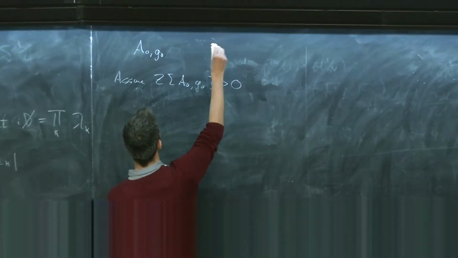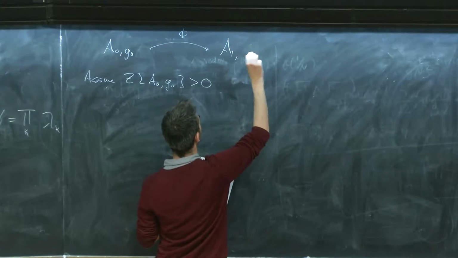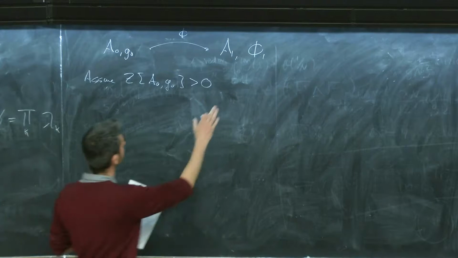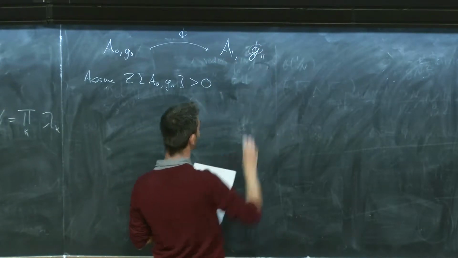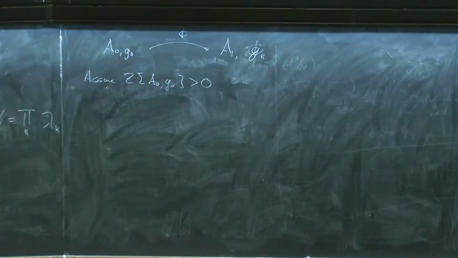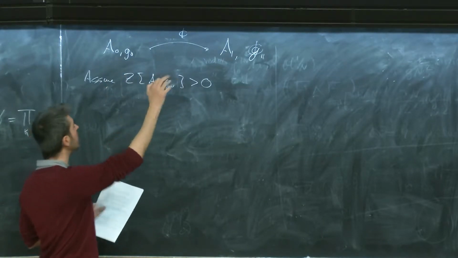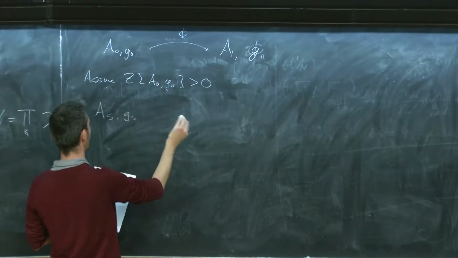So we take a gauge transformation, let me call it phi, and we transform A0 to some other connection A1, and some other metric, so some gauge transformation, some diffeomorphism. And then we consider an interpolation between the two. So we consider a class of A_s, g_s.